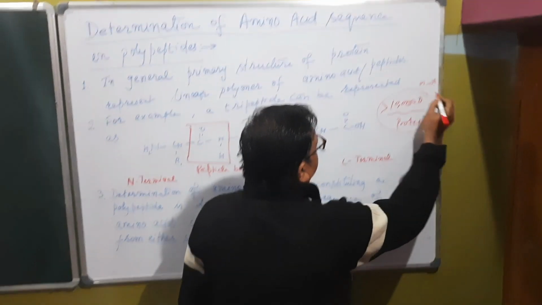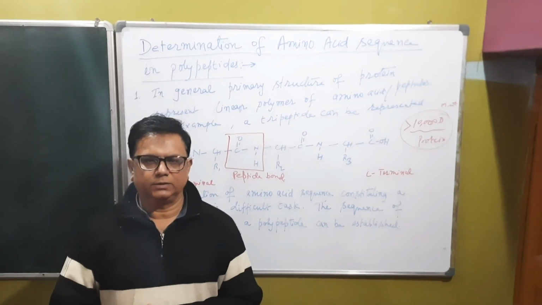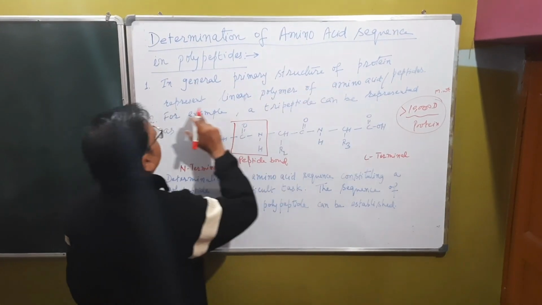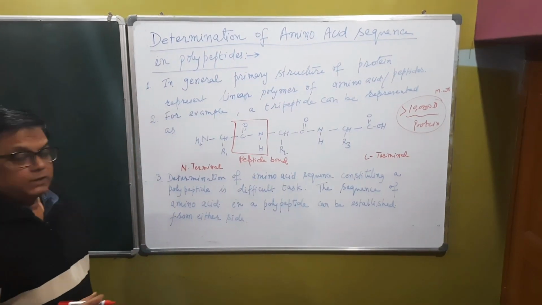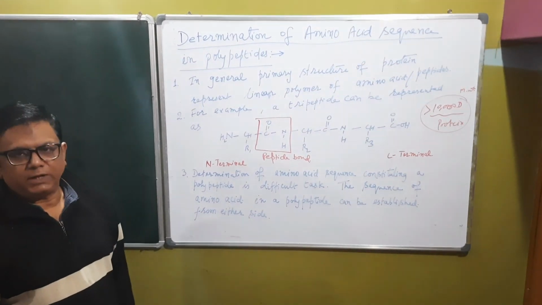Below 10,000 it is polypeptide. So in general, the primary structure of protein represents a linear polymer of amino acids. That is what you call peptides, or polypeptide.